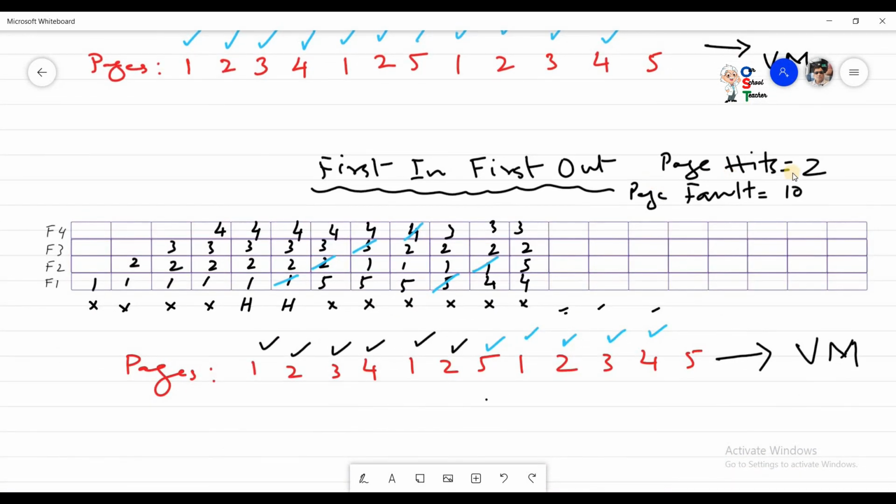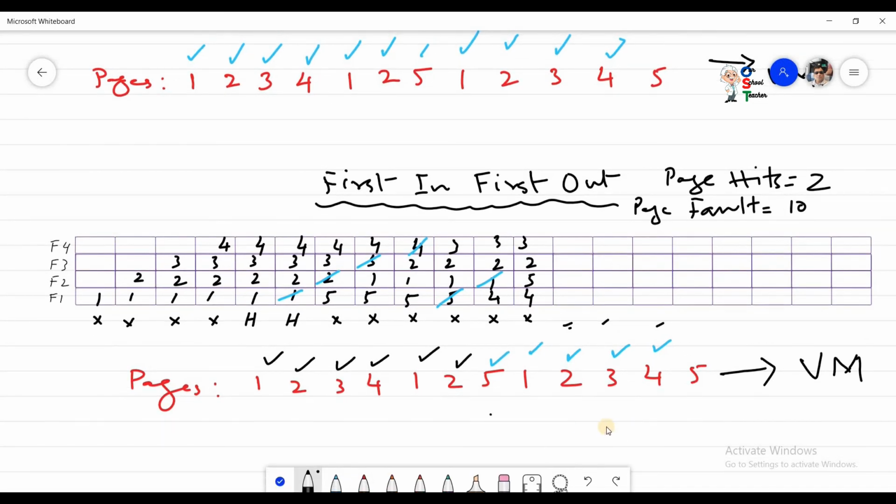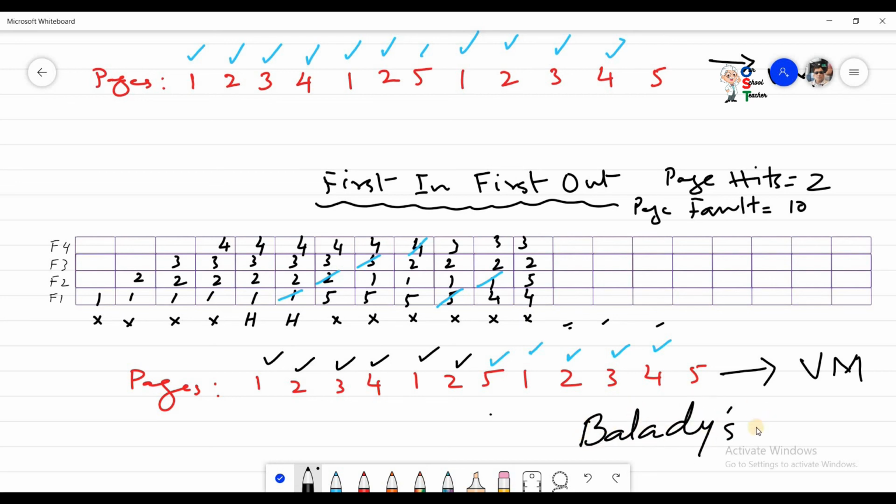Here we have 10 page faults and 2 page hits. So this is called Belady's anomaly.